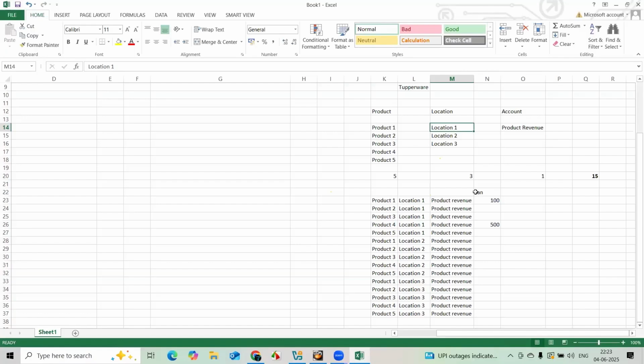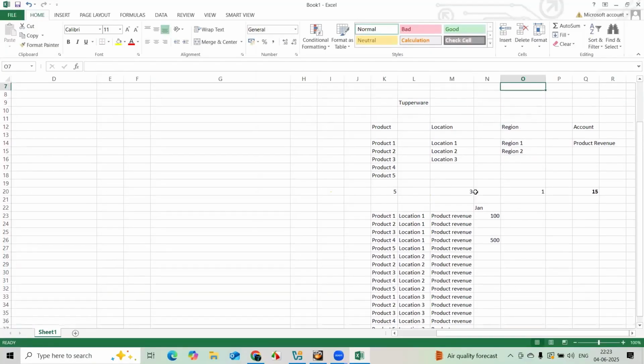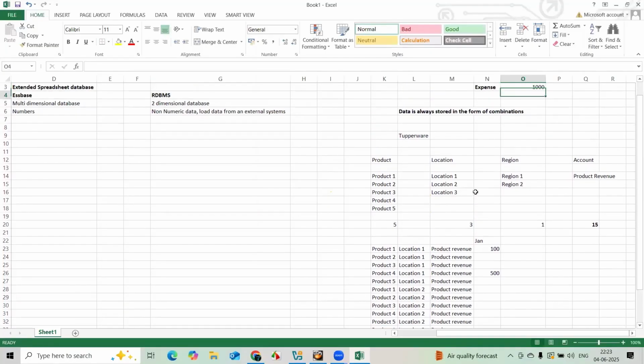And if you see Bangalore, there will be many areas. So if they are tracking by region also, they can track by regions such as region 1 and region 2. In this manner, the data will be saved in an Essbase.